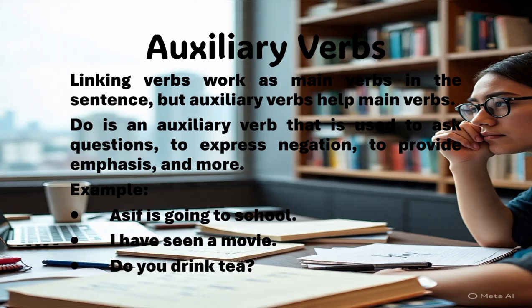Linking verbs work as main verbs in the sentence, but auxiliary verbs help main verbs. Do is an auxiliary verb that is used to ask questions, to express negation, to provide emphasis, and more. Example: Asif is going to school. I have seen a movie. Do you take a tea?